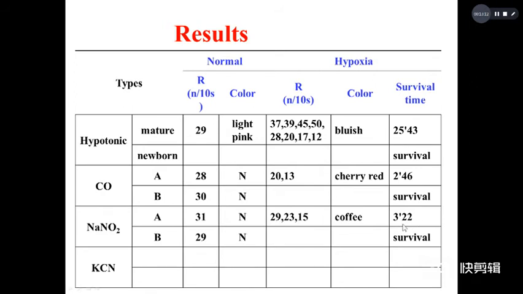Survival time is about 3 minutes. Animal B: normal respiration is 29, color light pink. Now it recovers, survives, and didn't die.